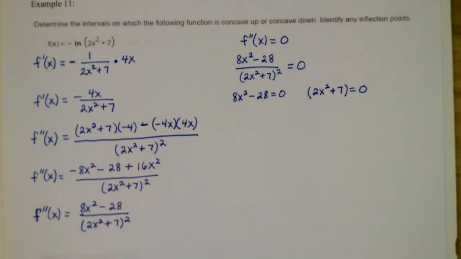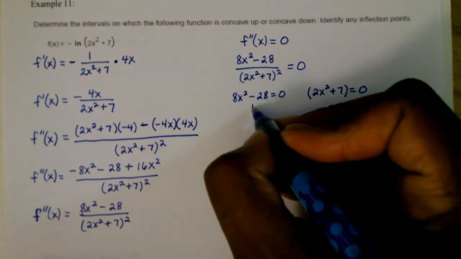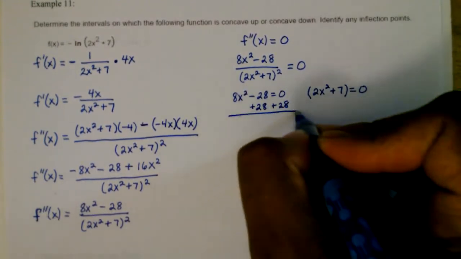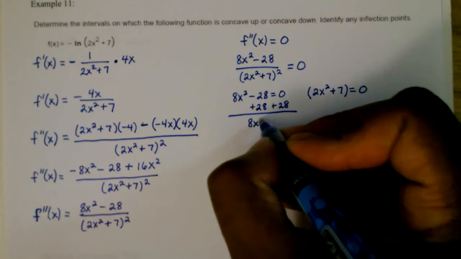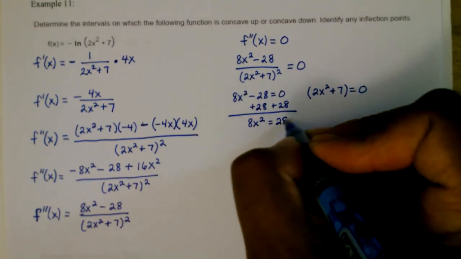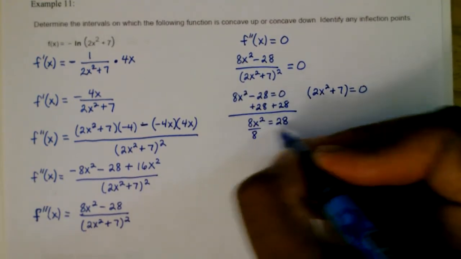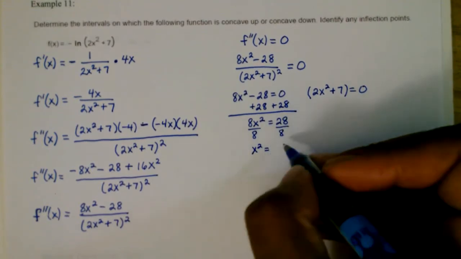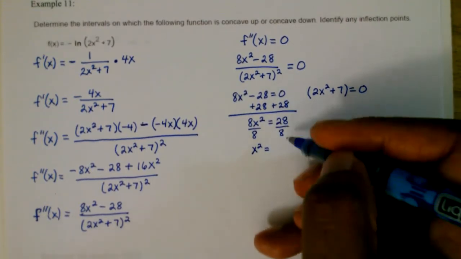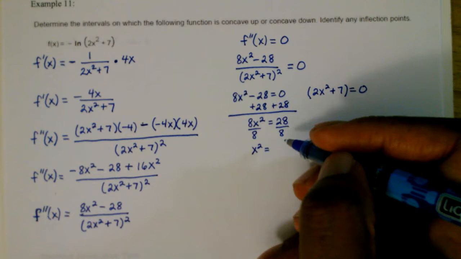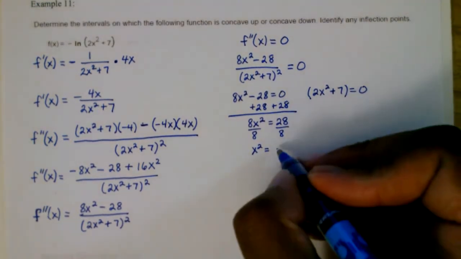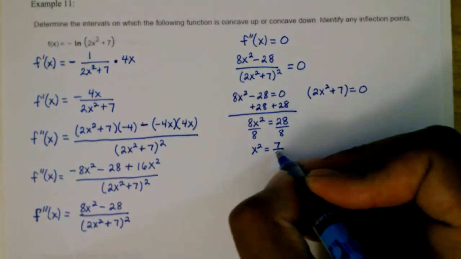And then we simplify. So for 8x squared minus 28 equal to 0, if I add 28 to both sides, that would mean 8x squared is equal to 28. Divide both sides by 8. This will be x squared is equal to, if I reduce 28 over 8 to its simplest form by dividing the numerator and the denominator by 4, I would get 7 over 2.